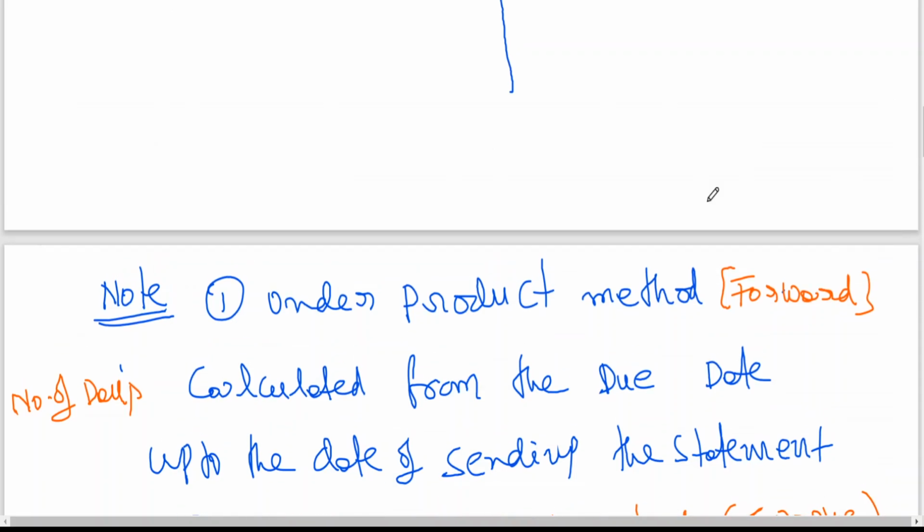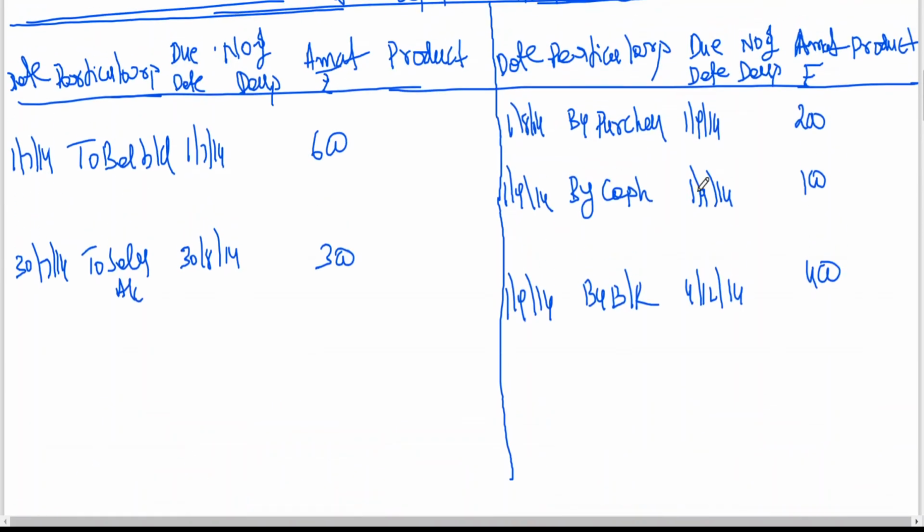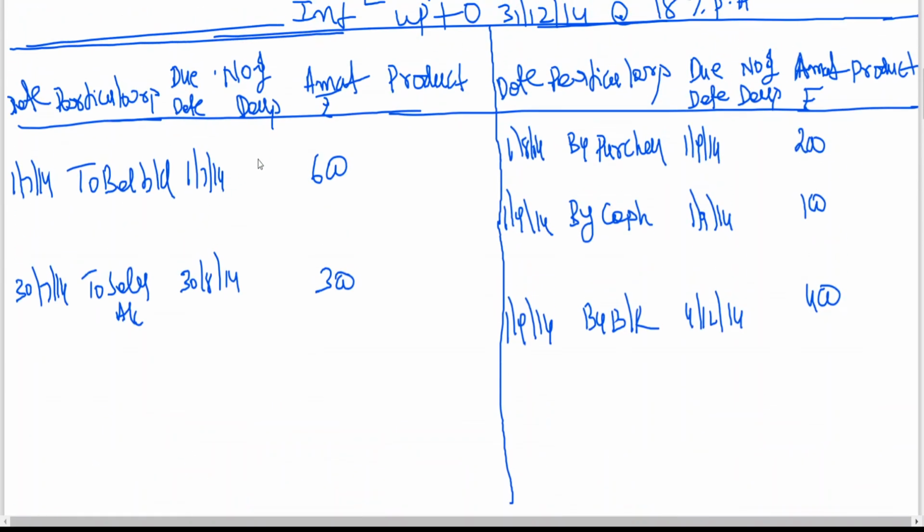Now it is very clear. Now here number of days is 0, 1714 to 1714. Then 30th August to 1st July. Clear to all of you?